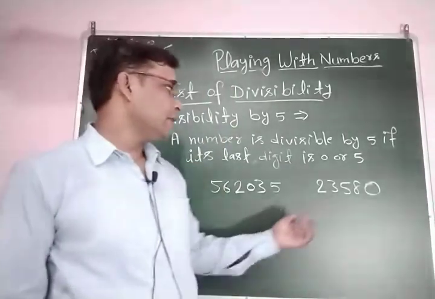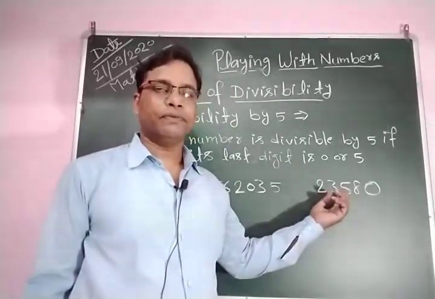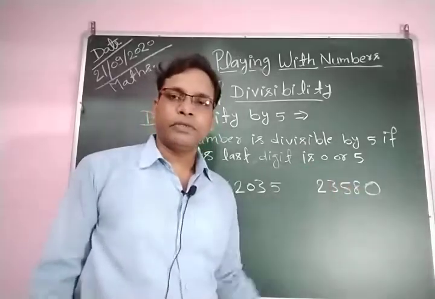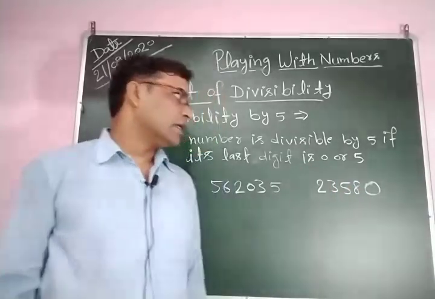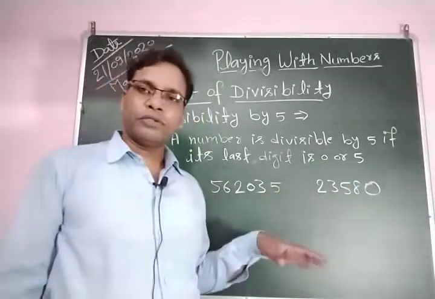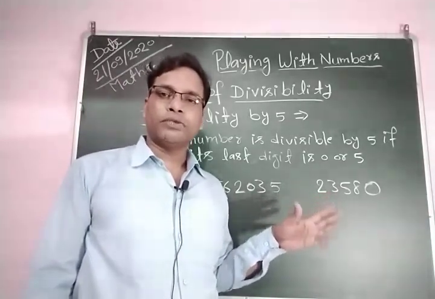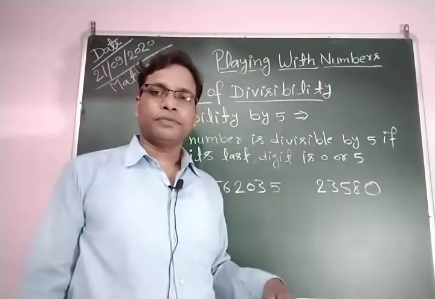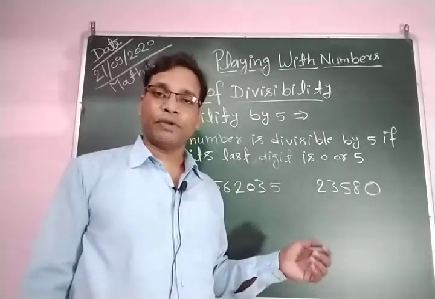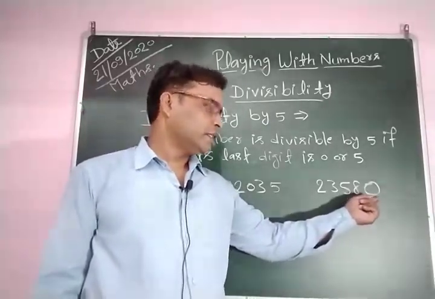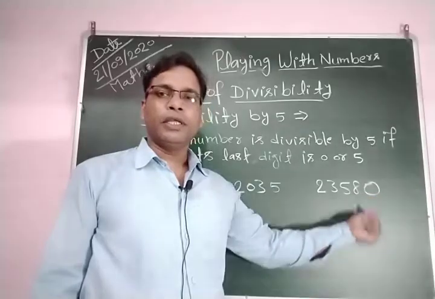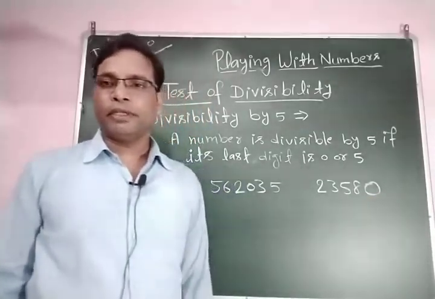This number is divisible by 5 because according to the divisibility test of 5, all numbers whose last digit, or ones digit, is 0 or 5 are divisible by 5. Here the unit place digit is 0, which means this number is divisible by 5.